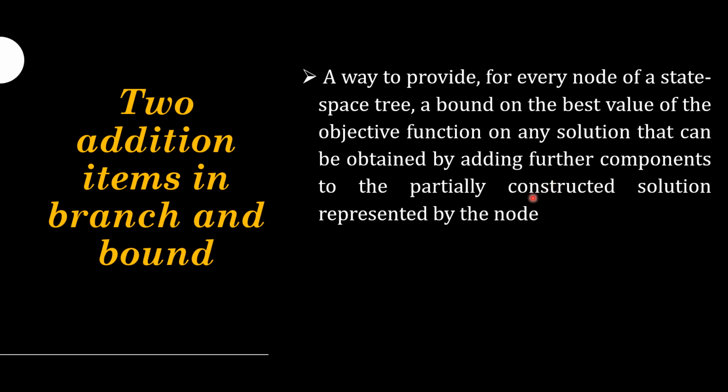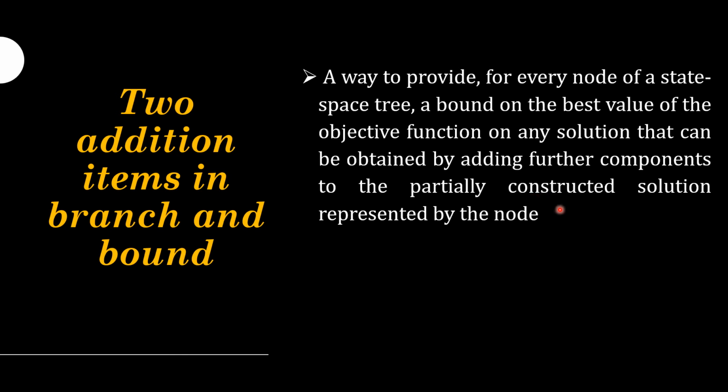So obviously we need to construct a state space tree. We are finding the solution by creating each and every node at each level, right? While creating a node we have to add some other components to get the optimal solution, right? The best value of the objective function is important in the case of branch and bound.